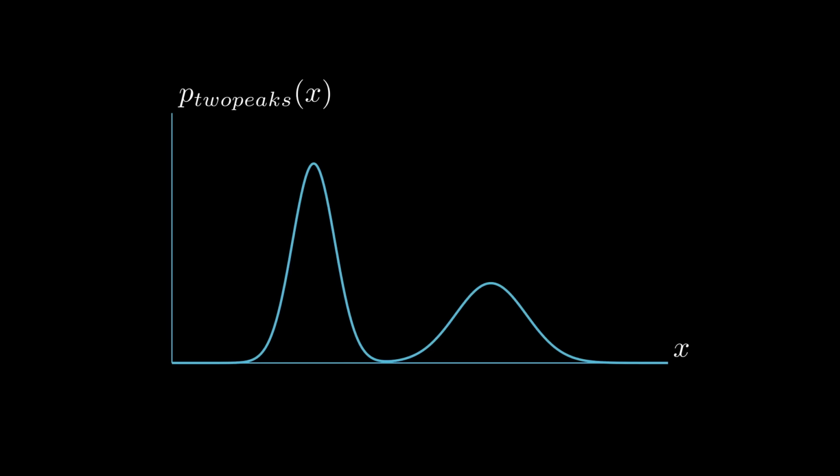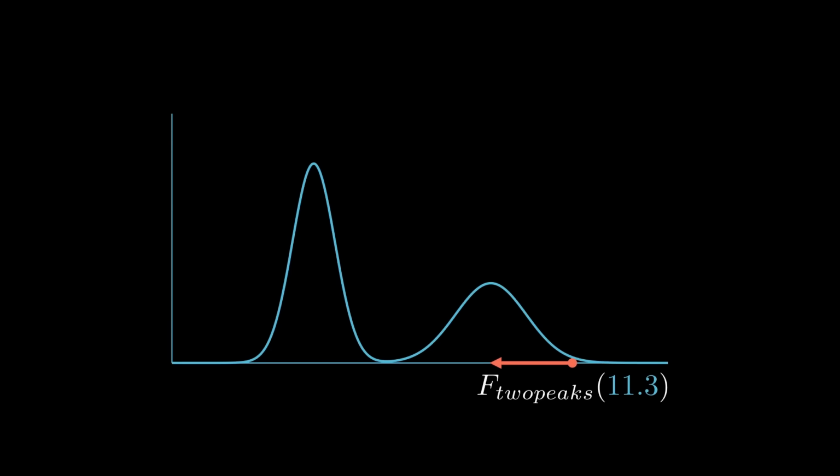Okay, we actually need one more thing here. We need access to a particular function which we'll call f2 peaks. It takes in a location on the sample space and returns the direction that most quickly increases the likelihood that a sample comes from P2 peaks. So in this case, for any location on the x-axis, xi, f2 peaks of xi would tell me if I should move to the left or to the right in order to most quickly increase the value of P2 peaks.